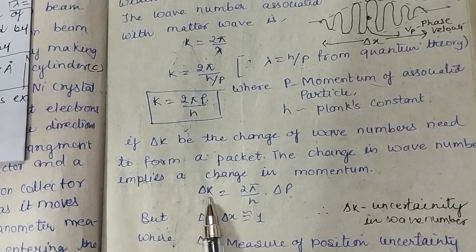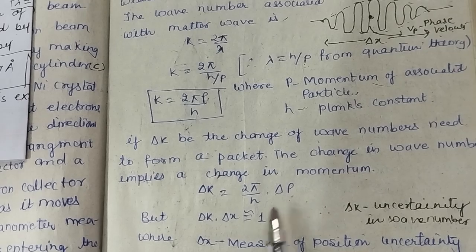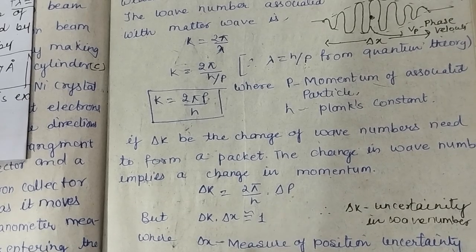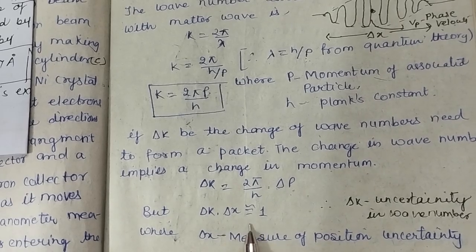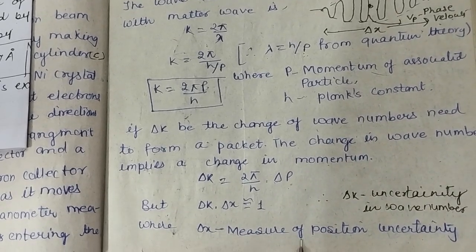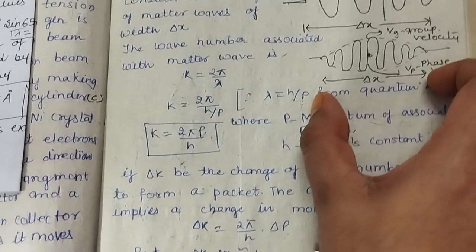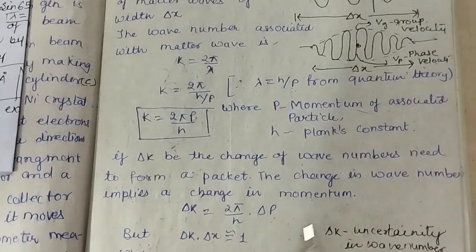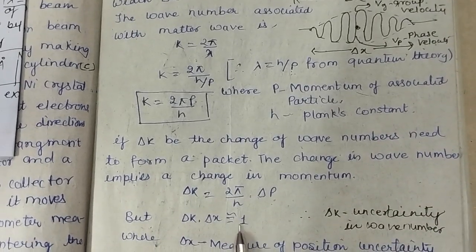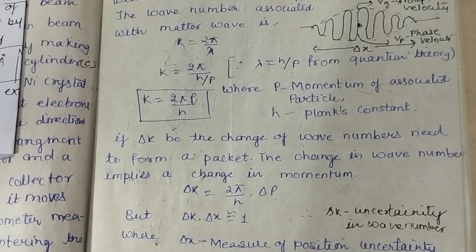We can write the change in wave number as 2 pi upon h times delta p. But we know delta k and delta x. What is delta x? A measure of position uncertainty, the width of the matter waves. If delta x is a very small quantity, less than 1, we know this.